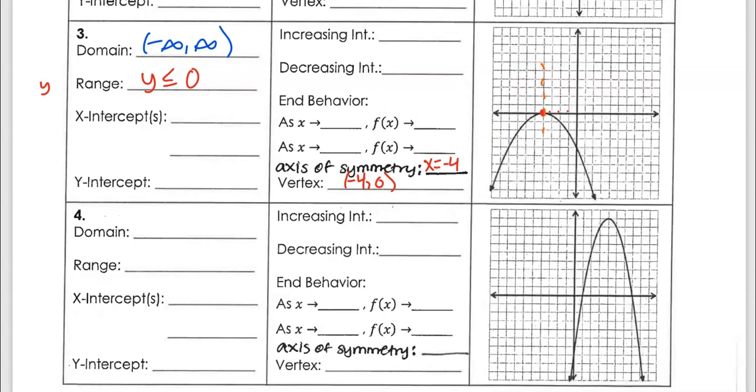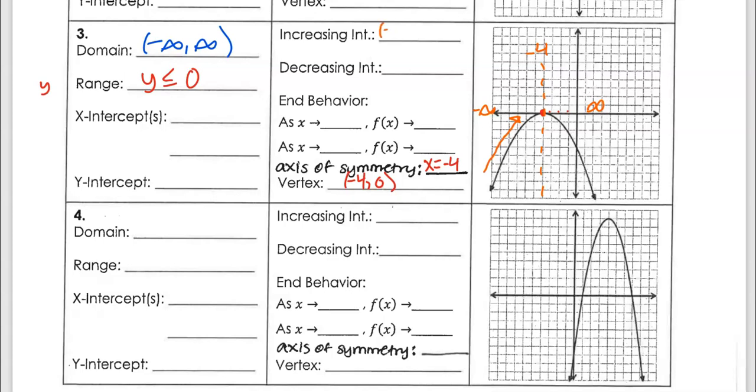Okay. So increasing and decreasing, we go from negative infinity to positive infinity. And where are we turning in the middle? We just said that was -4. Does that make sense? So between negative infinity and -4, are my y's getting bigger or smaller? As I move over, they're getting bigger.